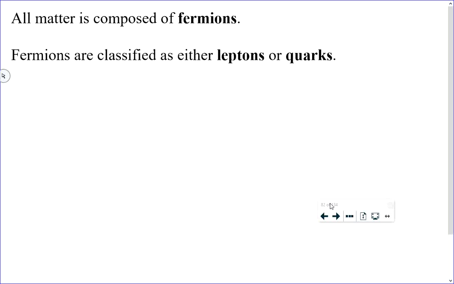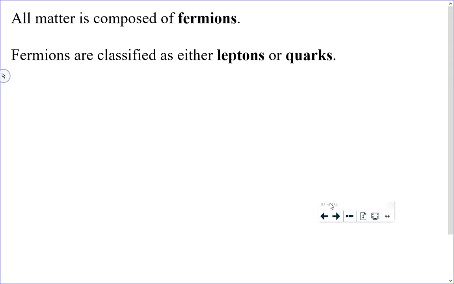Fermions are either leptons or quarks. And I will tell you right now the main difference. This is going to be in your notes in a second, but quarks are fundamental particles, they're fermions, that will bond or come together with other quarks to form other particles. Leptons don't do that. Leptons are the lone wolves in our universe.